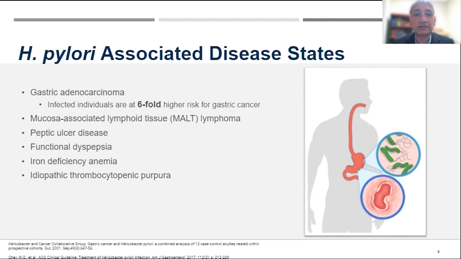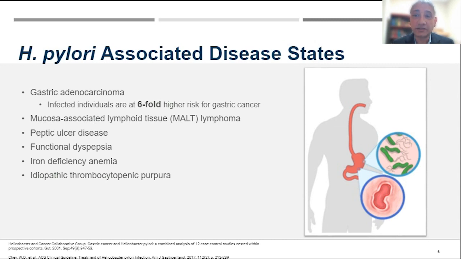We know that individuals who have H. pylori infection have a 6-fold higher lifetime risk of developing gastric cancer. And we also notice that gastric adenocarcinoma tends to be endemic to regions where H. pylori infection is very high. And as H. pylori infection decreases across societies, we see a parallel decrease in the rates of gastric adenocarcinoma.